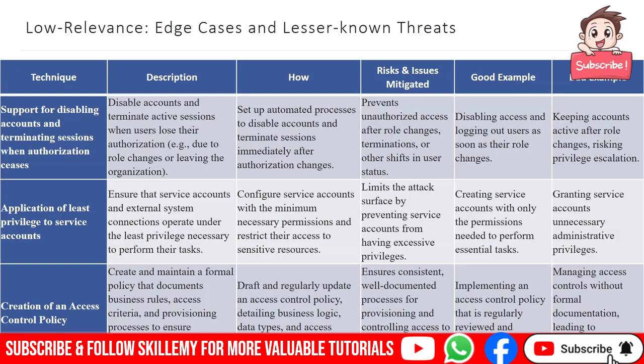Without this step, users could retain access to sensitive data or critical functions that they no longer have authorization for, leaving the system vulnerable. Automating this process ensures that as soon as an individual's role or employment status changes, their access is modified accordingly, preventing potential unauthorized use.